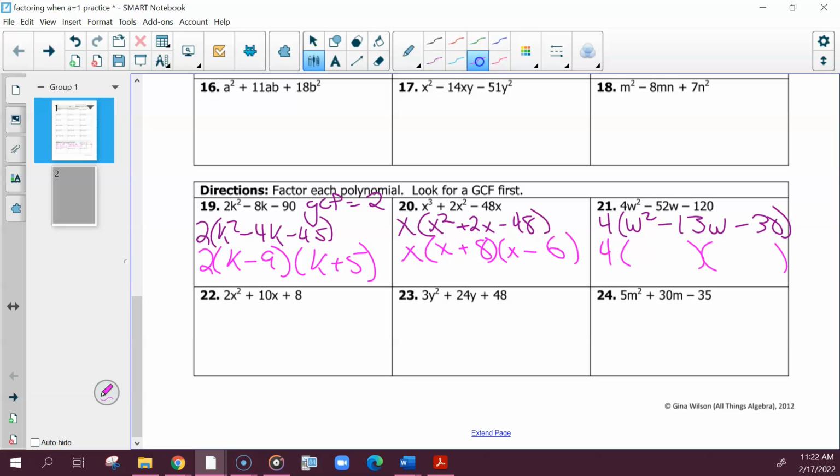And we're looking for 2 factors that multiply to be negative 30 and add to be negative 13. This is negative, so one of these is going to be negative. What would those 2 numbers be?